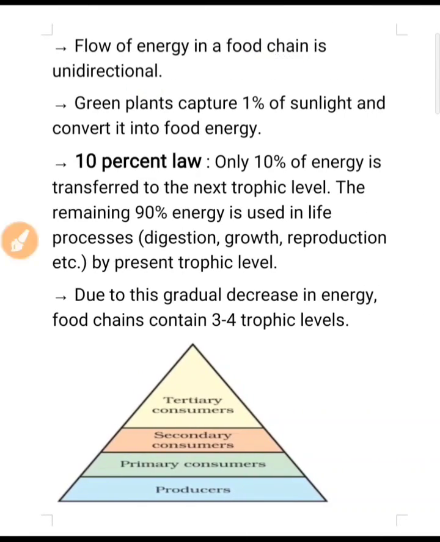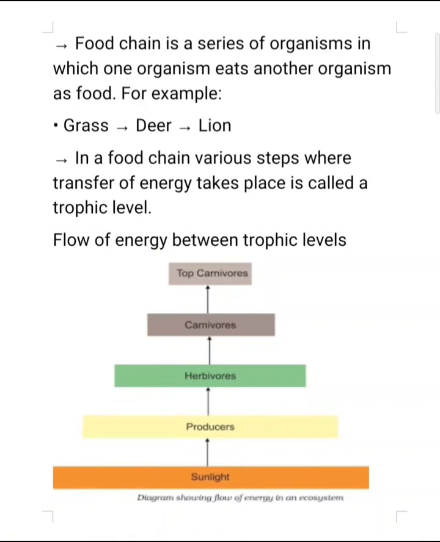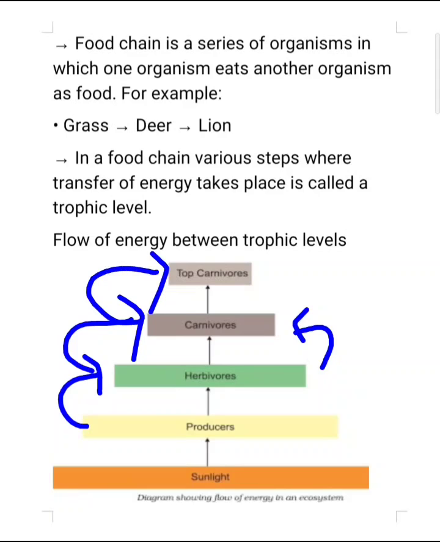How can you say it is unidirectional? Because you can see that herbivores can't eat the carnivores, means the flow of energy takes place in this manner only. From producers the energy passes on to herbivore, from herbivore the energy passes to carnivore, and from carnivore to top carnivore. But it doesn't happen that the energy will transfer from carnivore to herbivore. Is it possible?